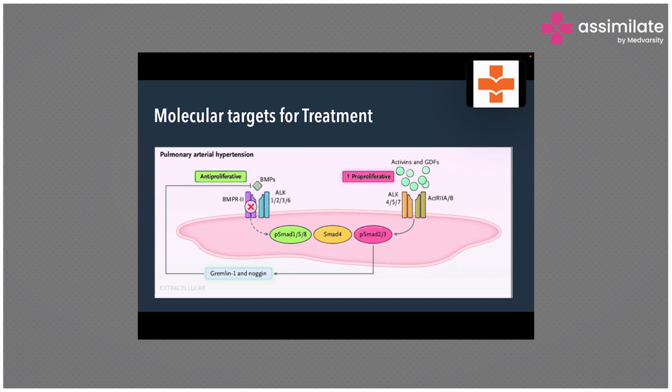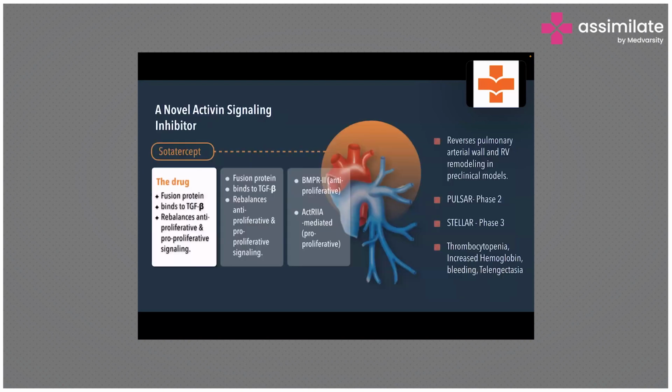So they have identified this as one of the molecular targets, where if you block the activins, you don't get sufficient activins to the activin receptors. Thereby the proliferative pathway will not be active, bringing the balance back to normal.